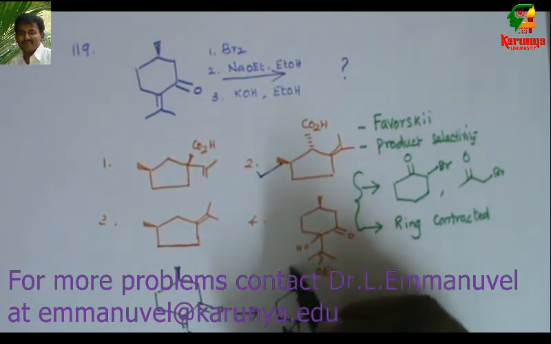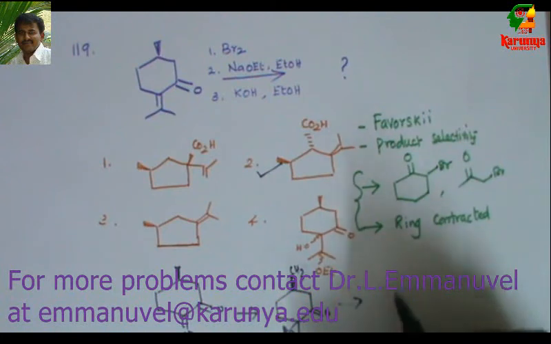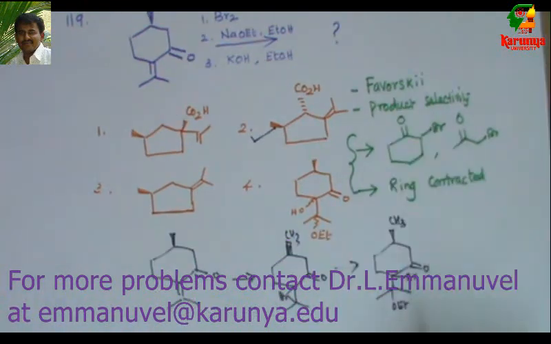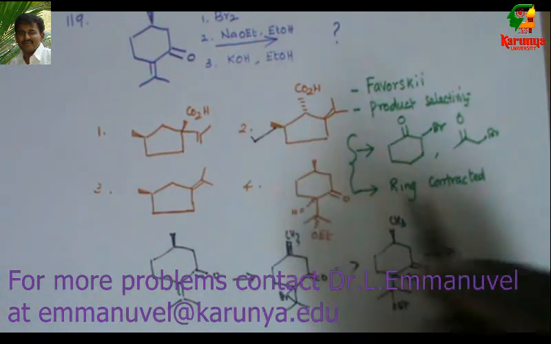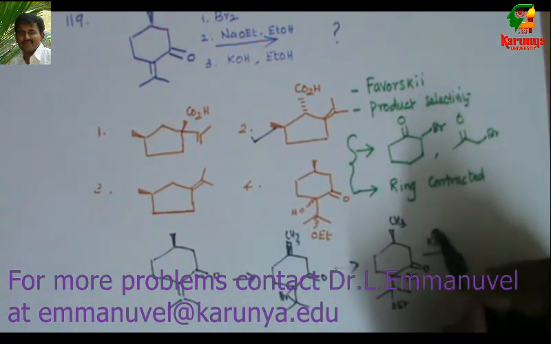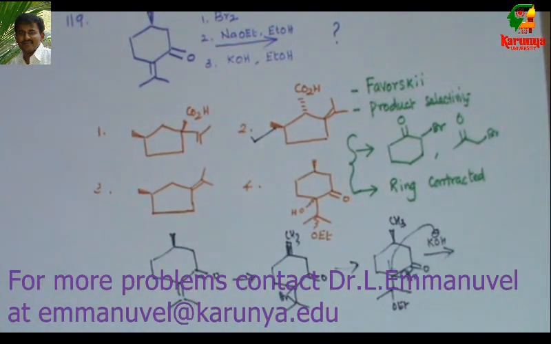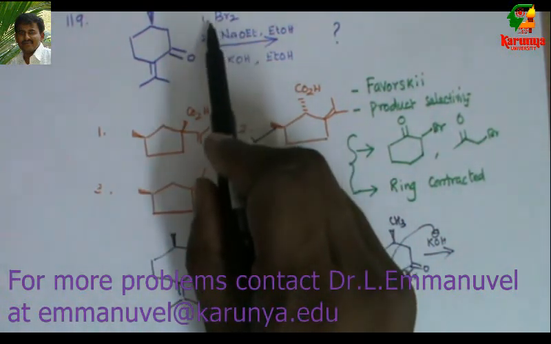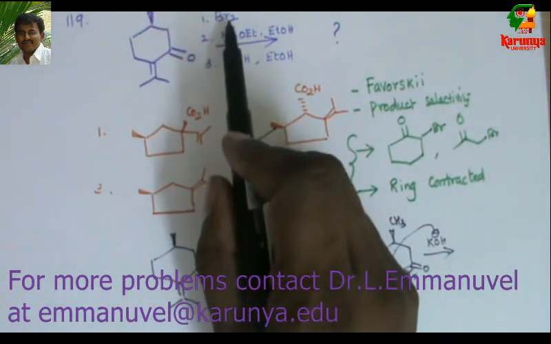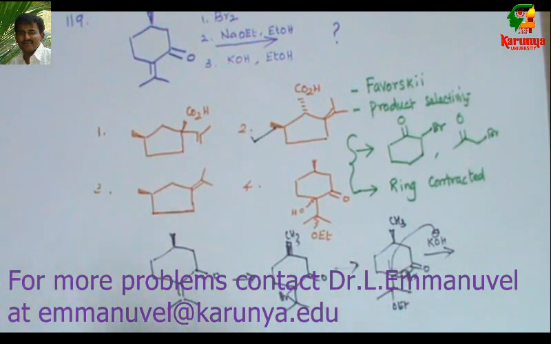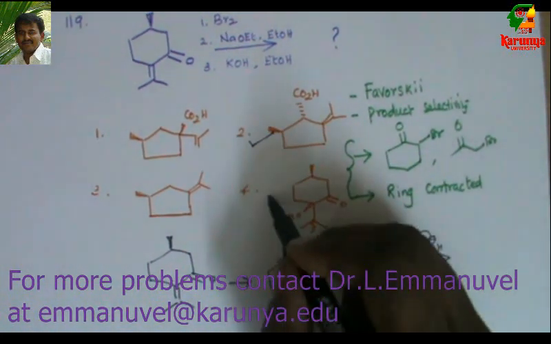That will be opened up with ethanol to give this product. When it is treated with the last one, hydroxide, the hydroxide displaces this to give this product. But since they have mentioned only bromine, no other nucleophile, in that case we will get the dibromide, not bromoethoxylation. So this is not possible.